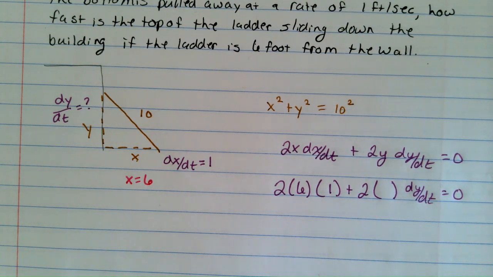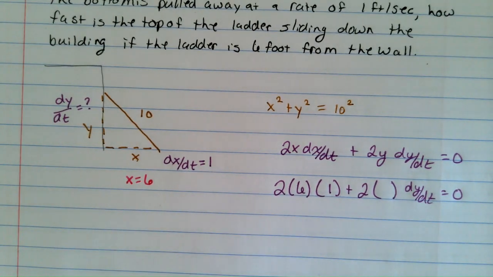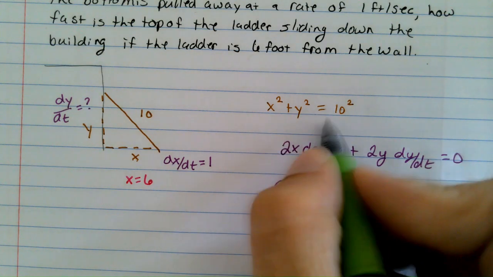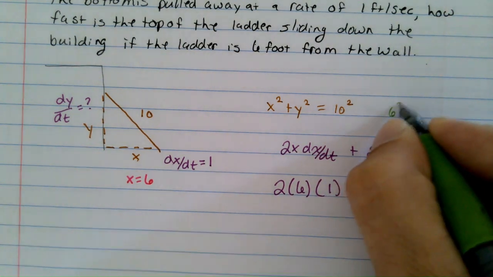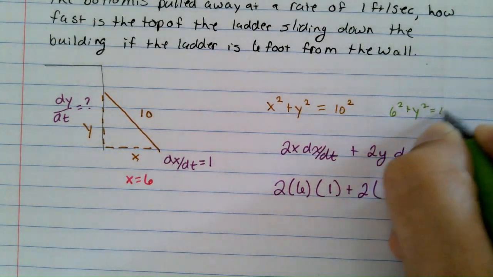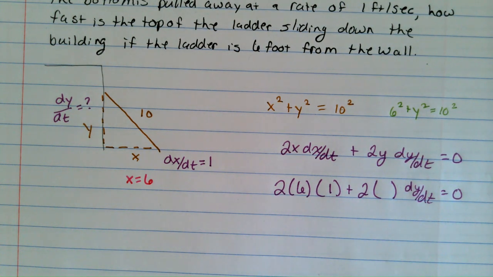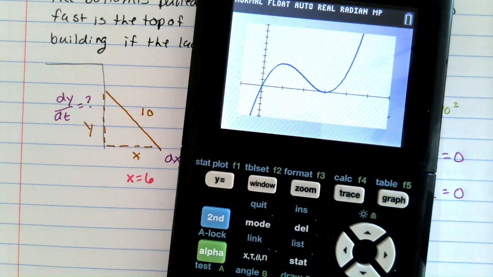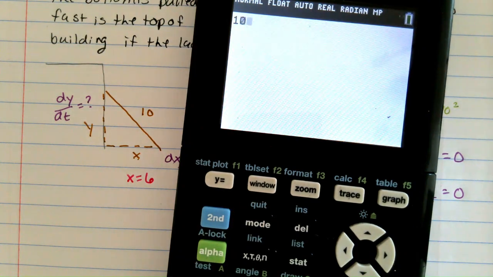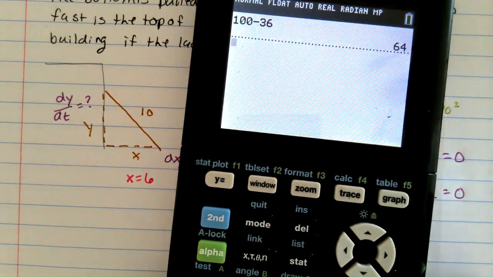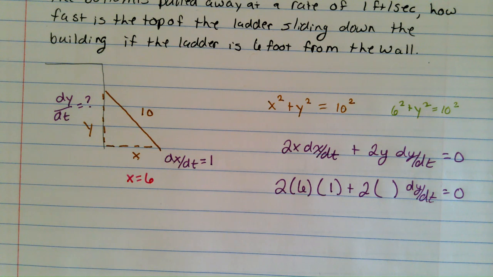How can I substitute if I don't have y? That's kind of where that secondary equation comes in. We need to solve for y. Well, we can come back up here and go 6 squared plus y squared equals 10 squared, right? 100 minus 36 leaves us 64, so y must be 8.